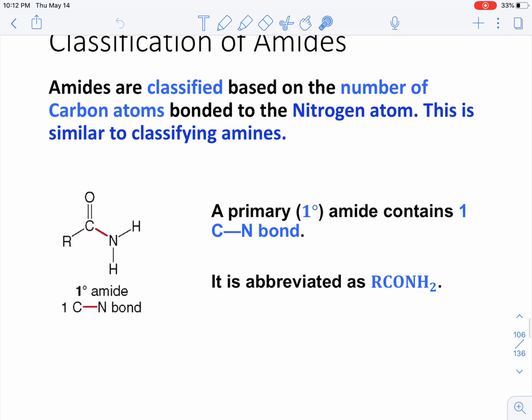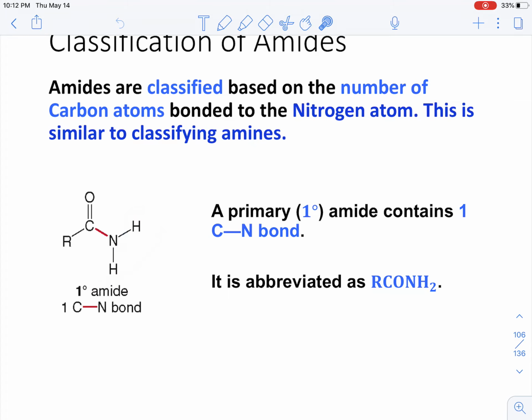If the nitrogen of the amide is covalently bonded to one carbon, and it doesn't matter if that carbon is part of the carbonyl group, it's a carbon, then this is known as a primary amide. If you notice, this primary amide contains two hydrogens, very similar to a primary amine.